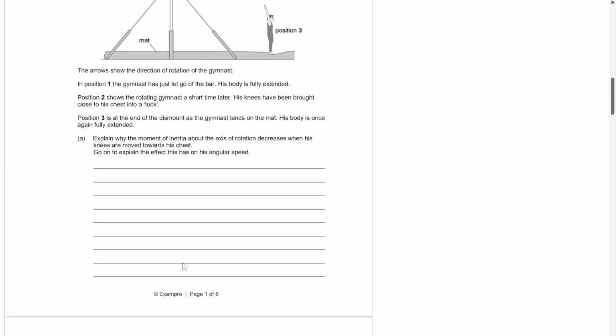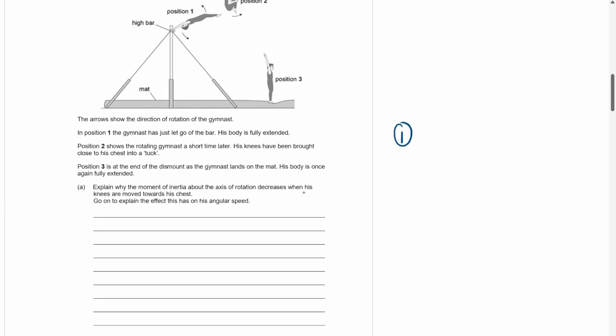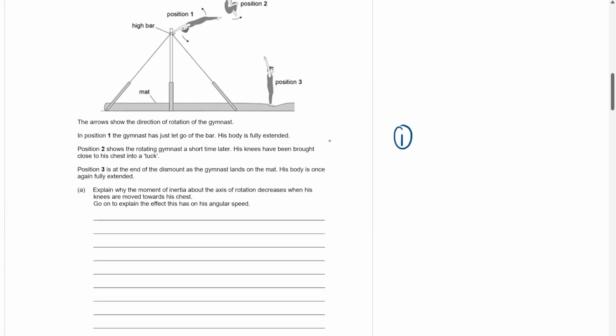All right, let's just see. Explain why the moment of inertia about the axis of rotation decreases when his knees are moved towards the chest. Why I decreases? Okay, so let's just see how many marks. 3 marks. So first, as the mass is brought closer to the axis of rotation, I decreases and omega increases.